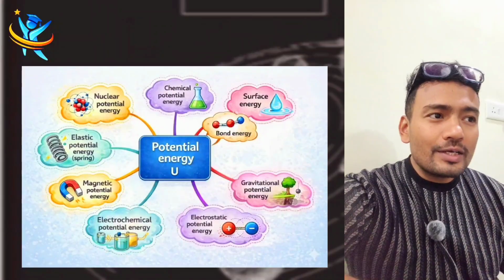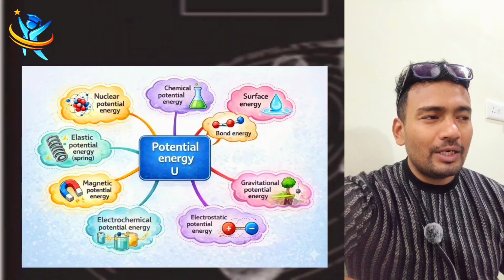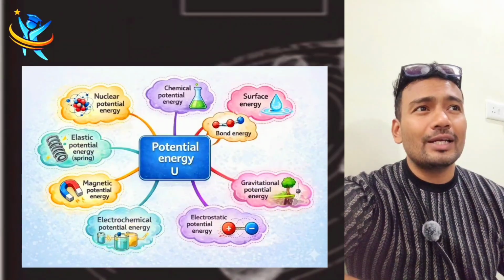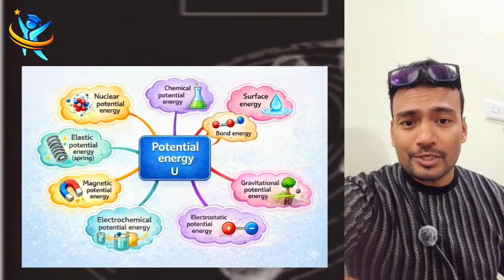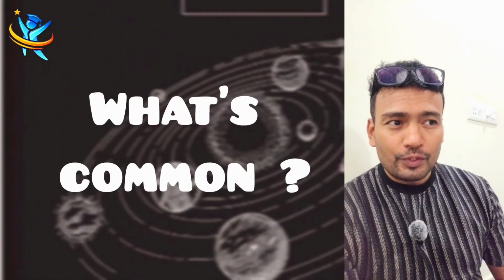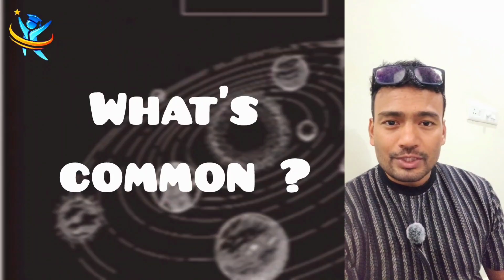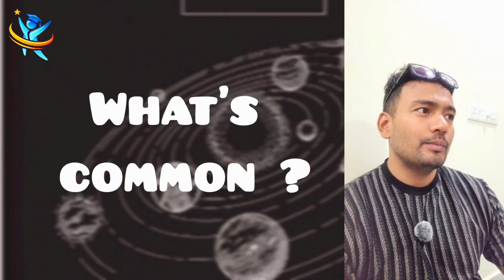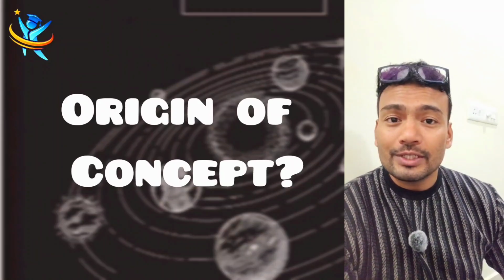So understanding these potential energies, that is one thing, but the question is, is there any connection between them, and how exactly to visualize the physical meaning of potential energy? You choose any type of potential energy, and there is one thing which is common among all of these. किसी भी बॉडी या पार्टिकल को या किसी सिस्टम को पोटेंशियल एनर्जी कब मिलती है?